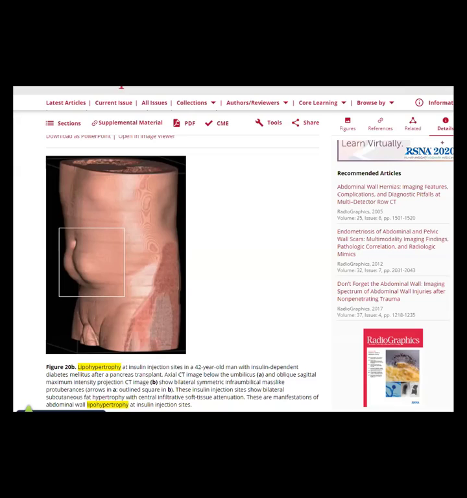When they started describing this, the term insulin-related lipodystrophy was used for these changes. It's all because the local insulin concentration increases and there is increased glucose uptake by the surrounding cells, causing hypertrophy of the surrounding tissues.